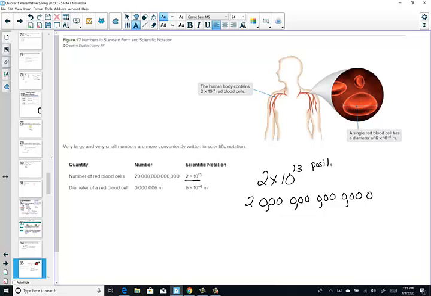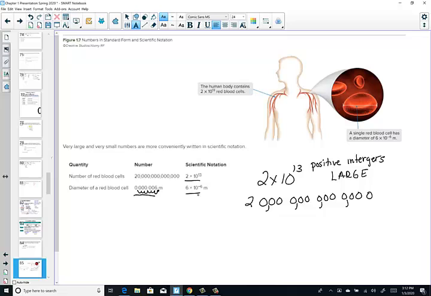Positive integers, these numbers up here, if they're positive for the exponent, are very large numbers. Look at here, the diameter of a red blood cell is 0.000006. We've moved the decimal 1, 2, 3, 4, 5, 6 places to get a non-zero digit to the left of the decimal.